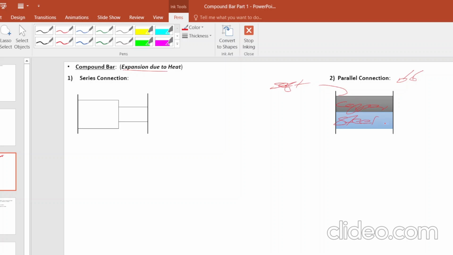It means copper will respond quicker compared to steel, because steel is a hard material. Now, when heat is transferred to this combination, you'd realize that copper will expand quicker, or rather it will respond quicker to the transferred energy. Then steel will expand slowly. Why? It is a hard material.